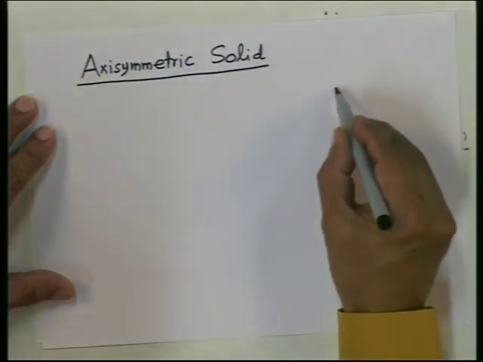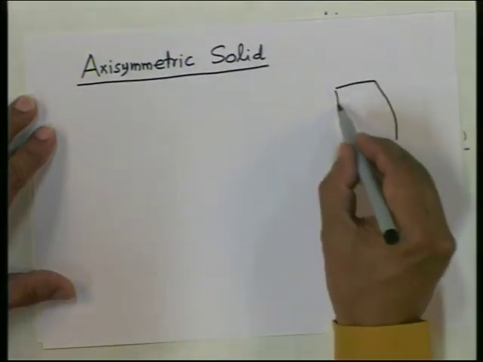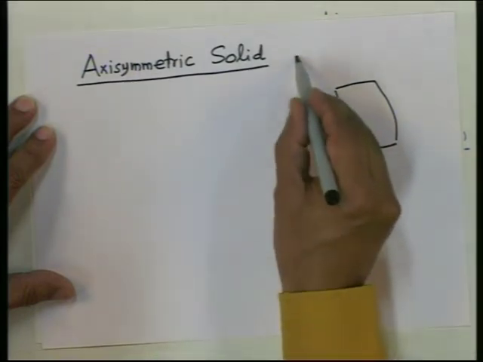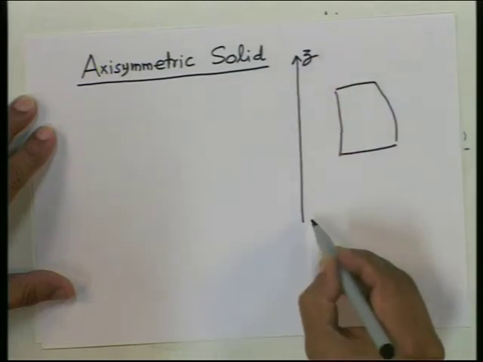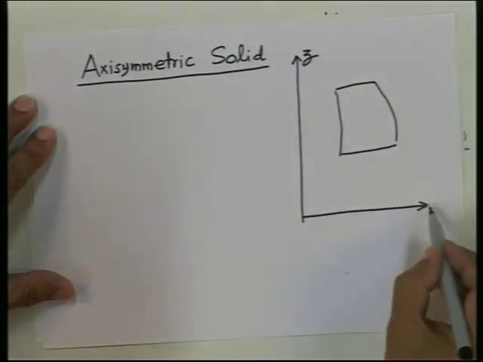So, if you have some area that you are rotating about, this is your z axis and this is your r.